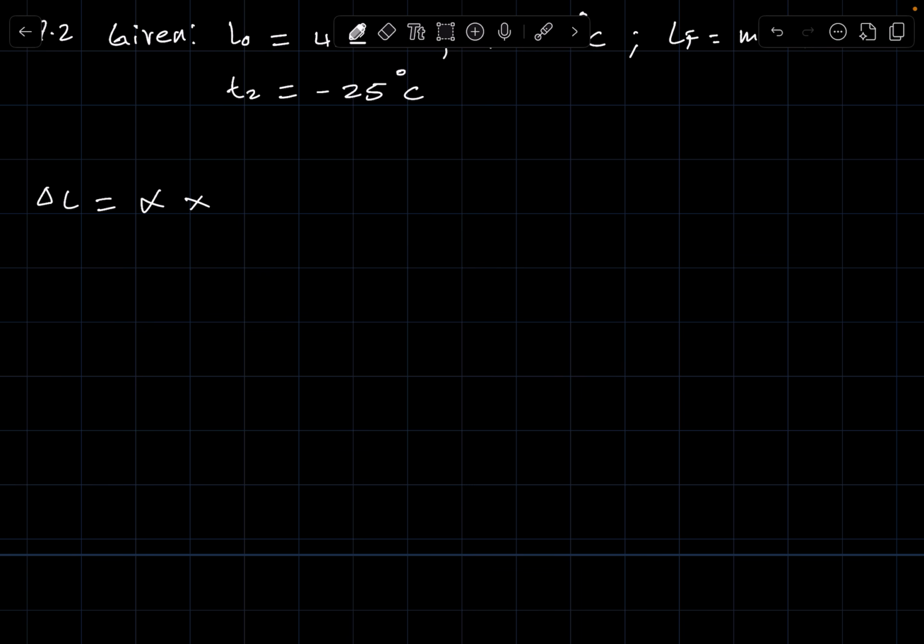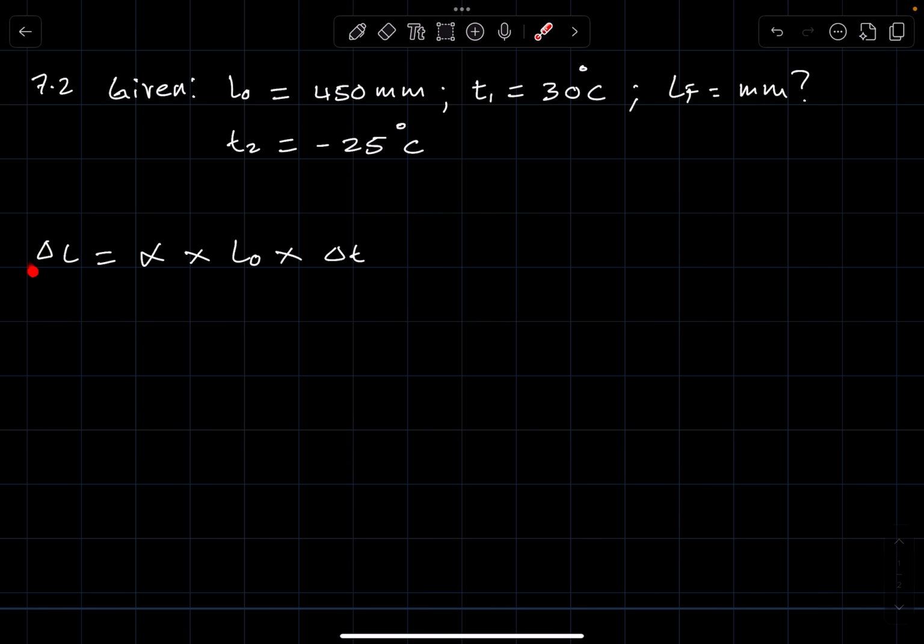The order of this doesn't really matter, but I want to start with the linear coefficient of expansion because that is how I've written the formulas. Otherwise you can start with any quantity. So this is going to help us to get the final length.